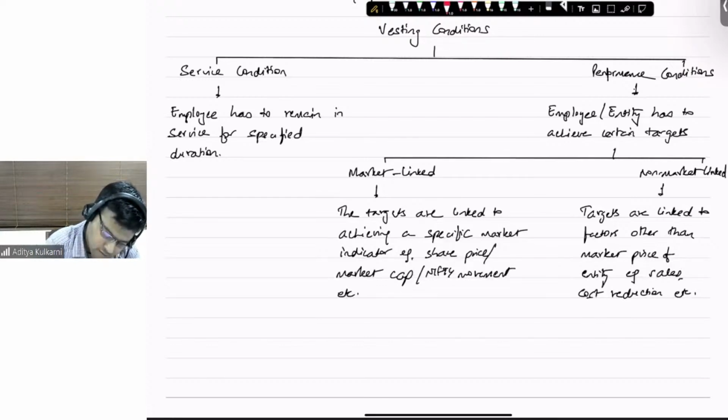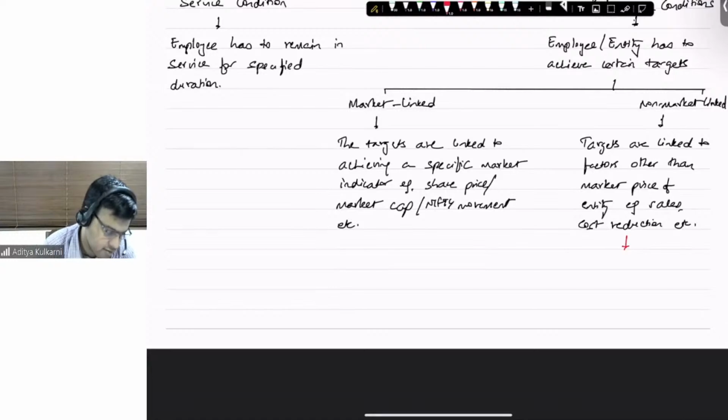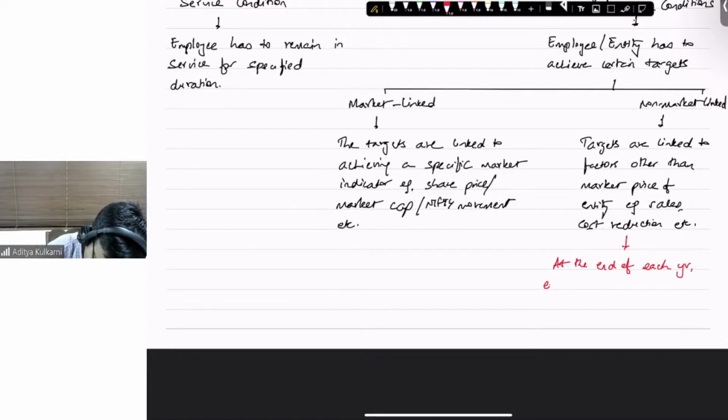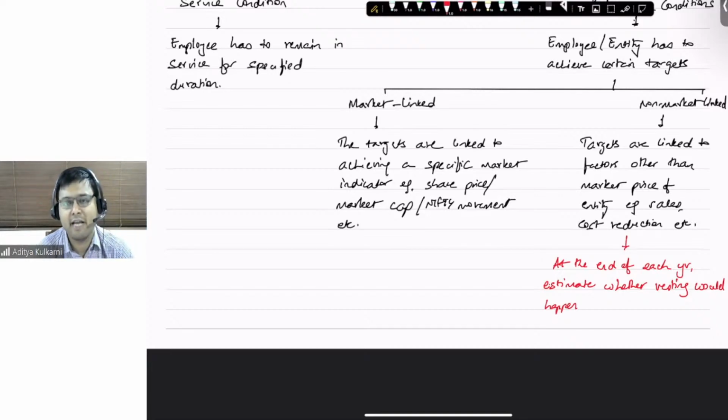When I talk about market and non-market linked conditions, at the end of each year, estimate whether vesting would happen, which is what we did for that cost reduction example: 3,16,000 in the first year, then we thought we would not meet it, so 0, and then it became 9,50,000.